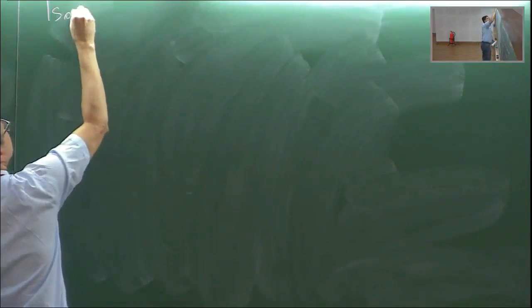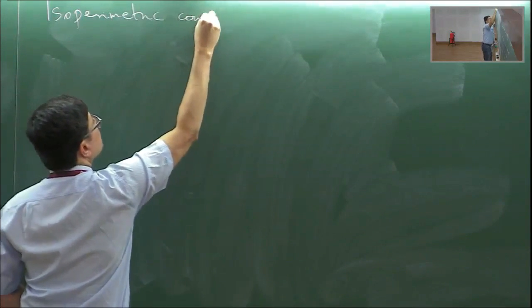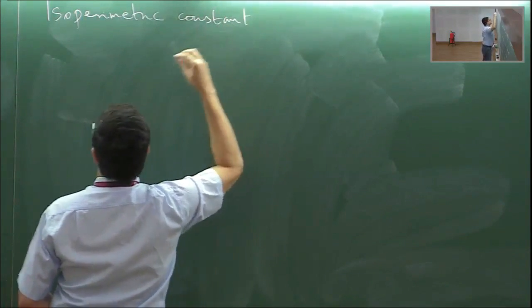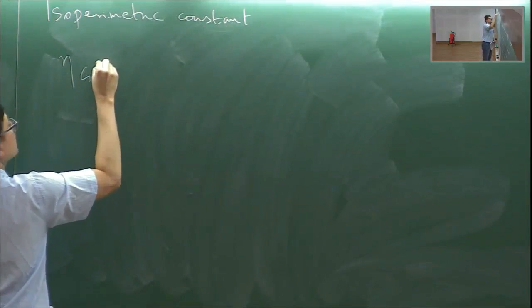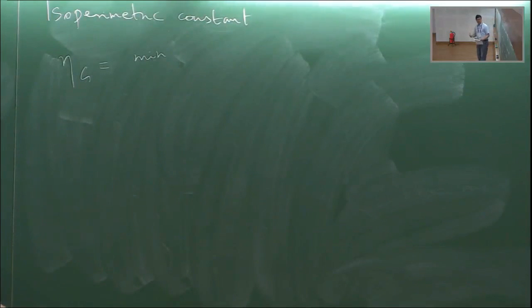And the other quantity we'll need is its isoperimetric constant. This measures the expansion properties of the graph.